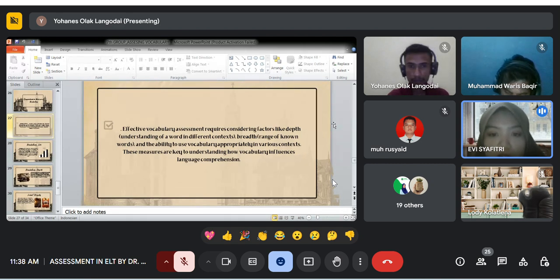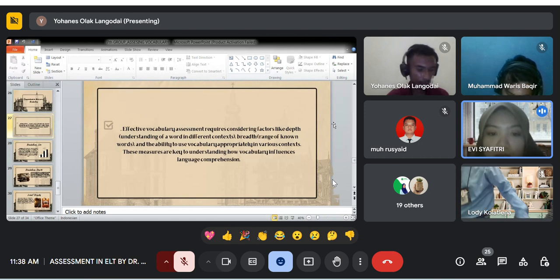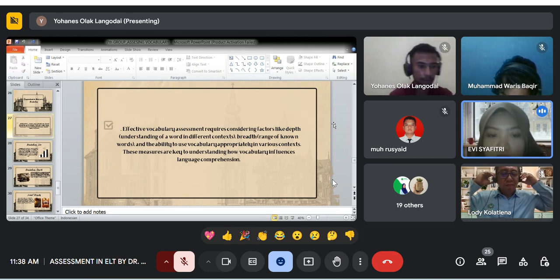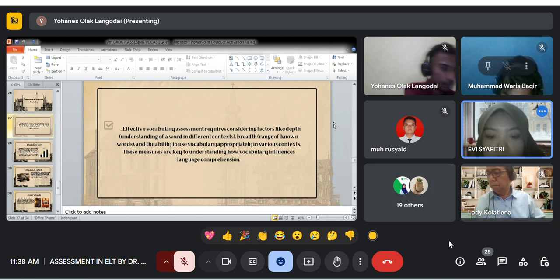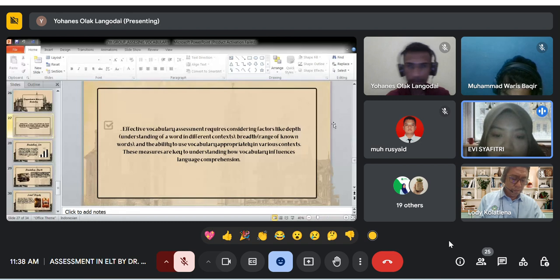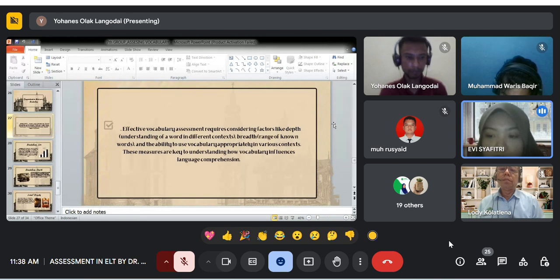Comprehensive measures are particularly suitable for assessment procedures in which vocabulary is embedded as one component of the measurement of a larger construct, such as communicative competence in speaking, academic writing, and listening comprehension. So, assessing vocabulary knowledge requires comprehensive measures that go beyond simply counting words. There are various aspects of vocabulary proficiency that influence comprehension, particularly in reading and listening texts. Next slide, please.